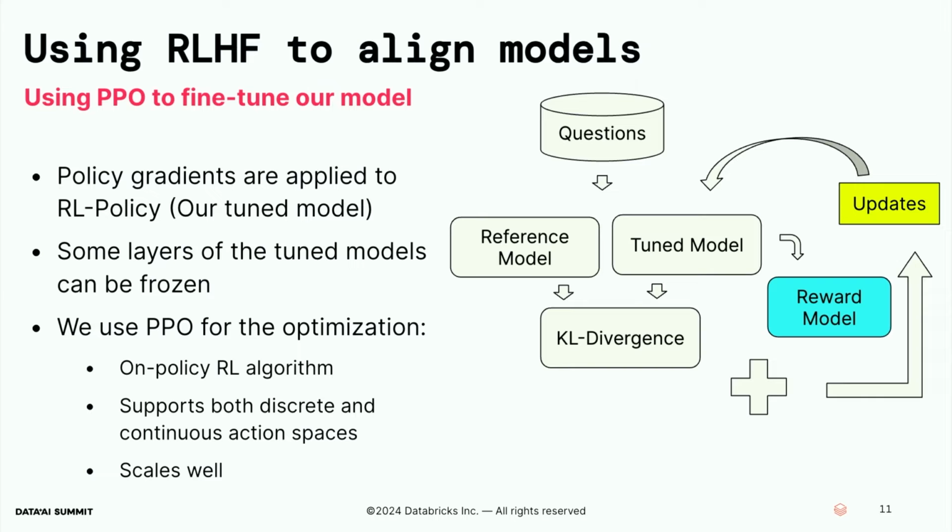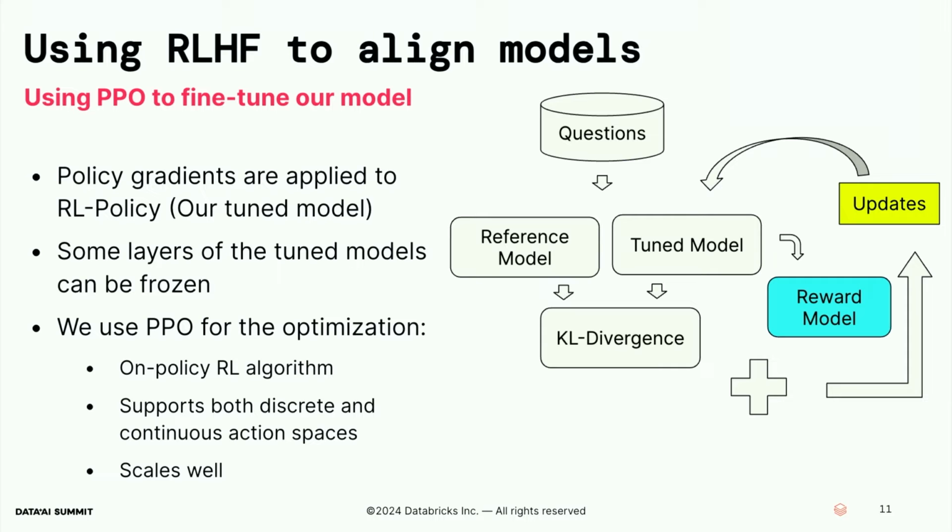Then based on that, we use our reinforcement learning algorithm to calculate the policy gradients, which we can apply to the policy or model we're tuning. As I already mentioned, oftentimes we are using PPO here. It's an on-policy reinforcement learning algorithm, very popular, and supports both discrete and continuous action spaces. So we can basically do whatever we want here. It scales really well.